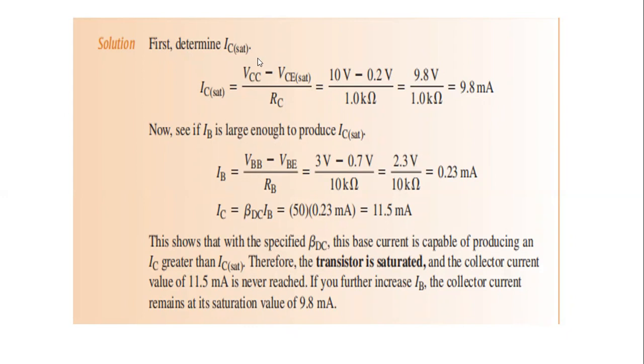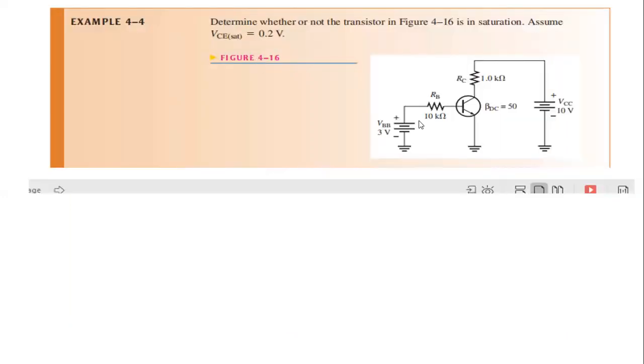Base current IB: here you know VBB is given. So apply KVL in this particular loop.